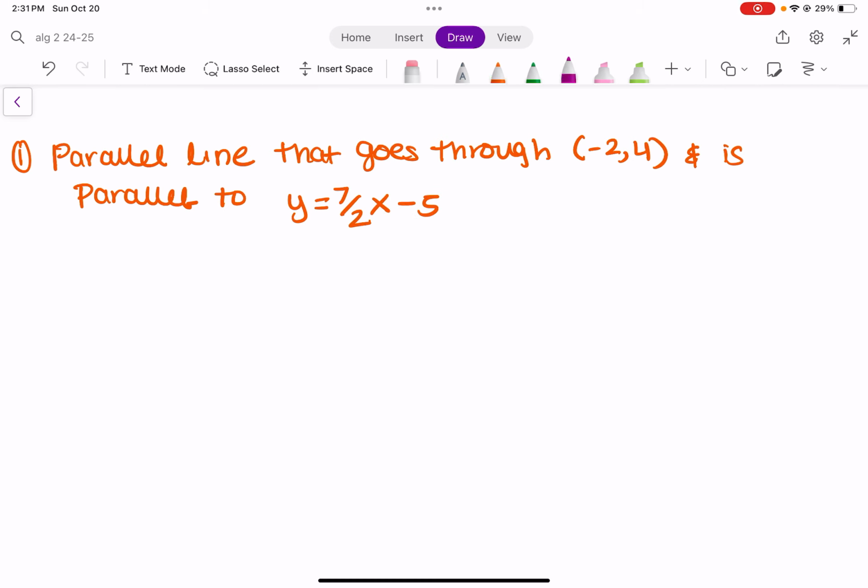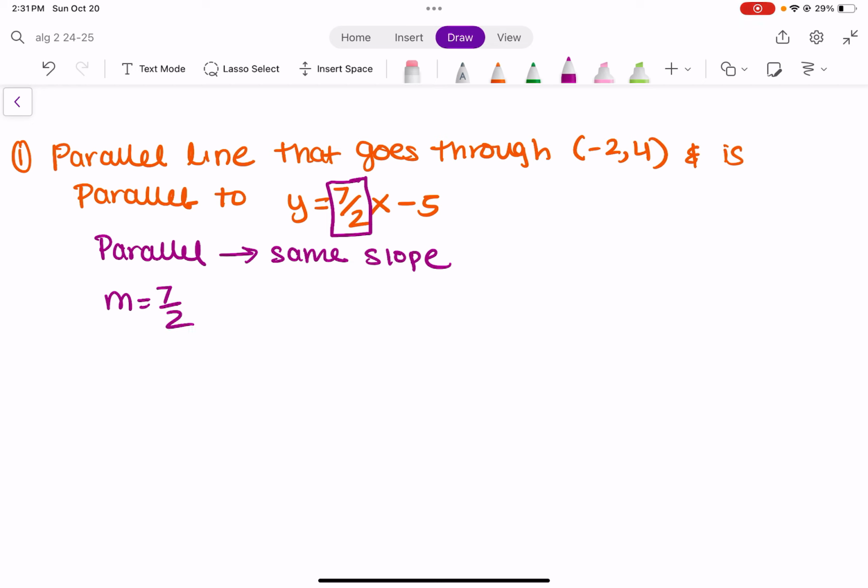Okay? So since we're talking about parallel, that means that they have the same slope, right? So this slope is 7/2, which means the slope is going to stay as 7/2.